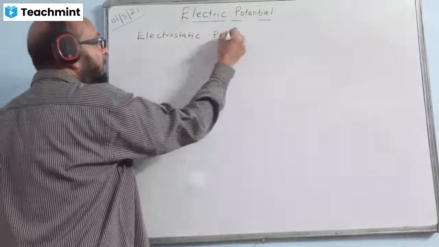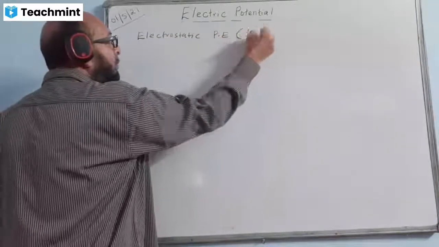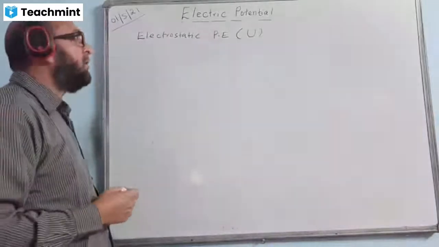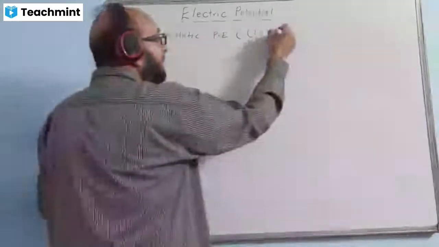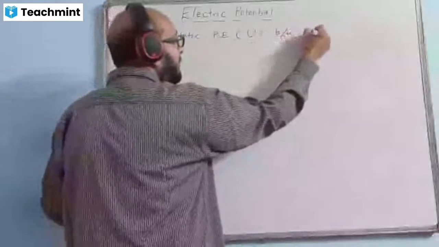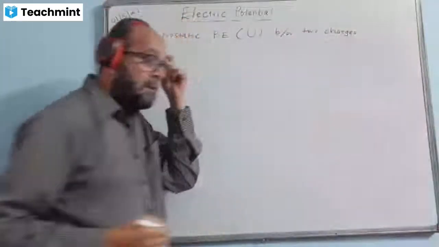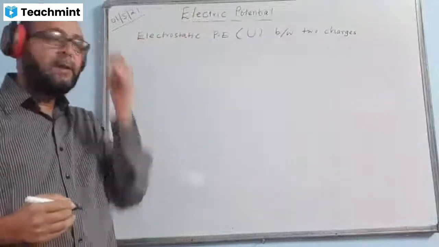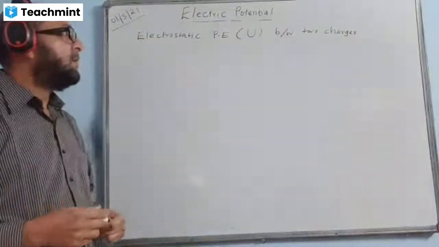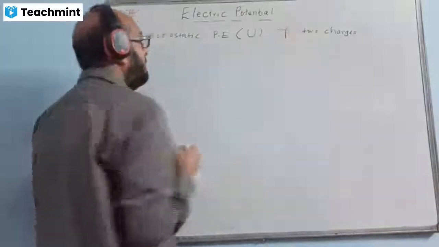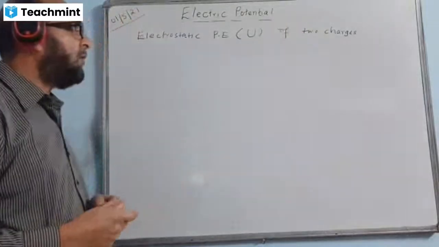Potential energy denoted by the symbol U. Electrostatic potential energy of two charges.